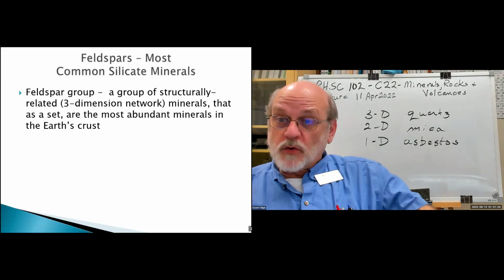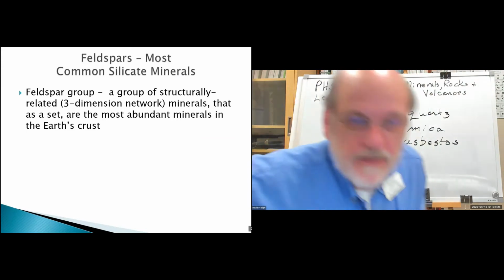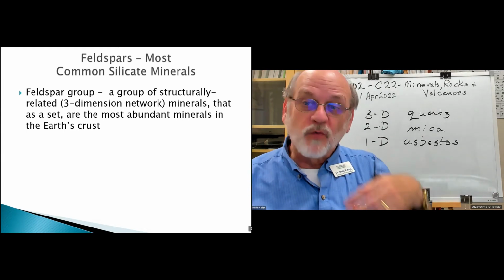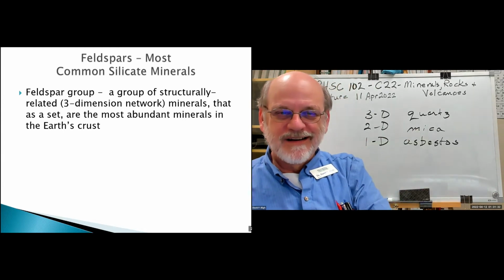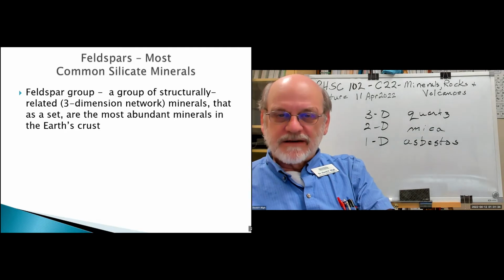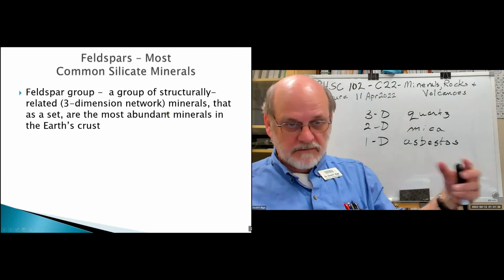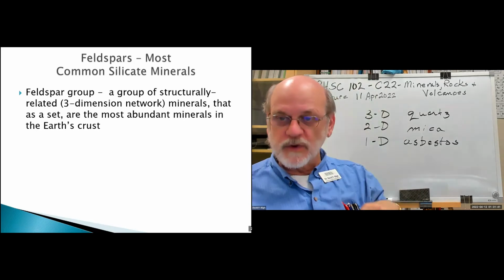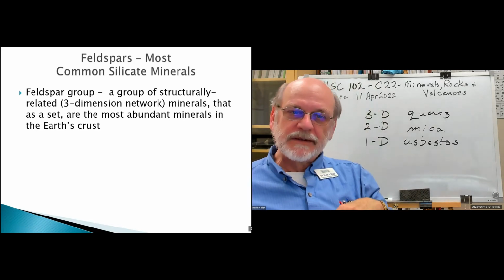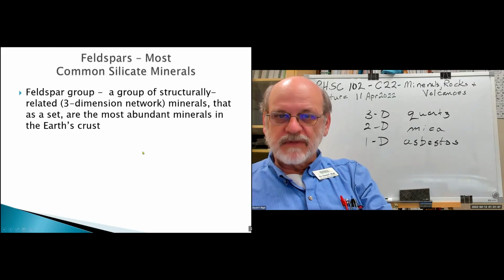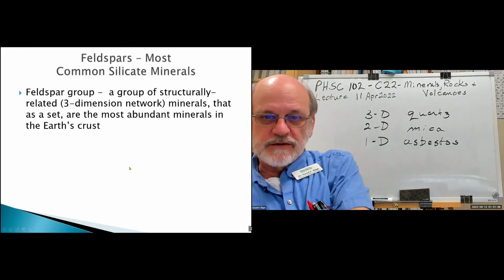Okay, we're going to get some more detail here. The feldspar group. That tells me that there's more than one feldspar, but they are related. They have a three-dimensional network. Right? So you can see the structure, height, width, breadth. And they happen to be the most abundant silicate minerals in the Earth's crust.